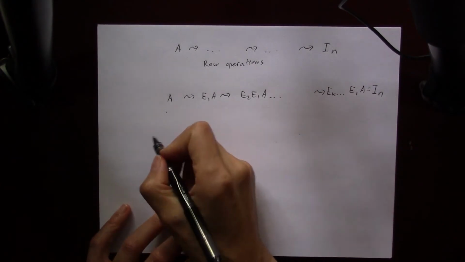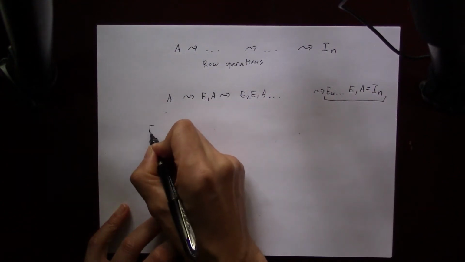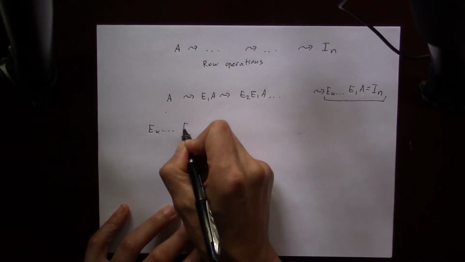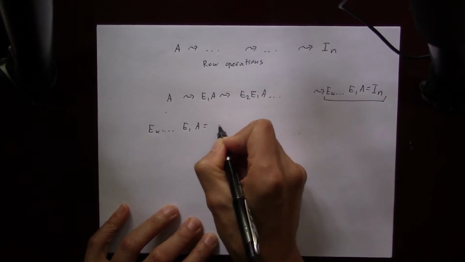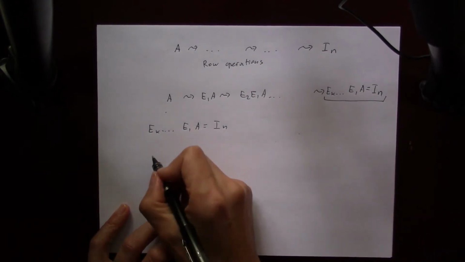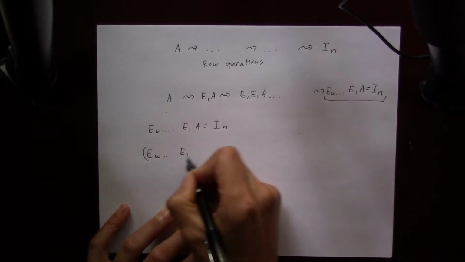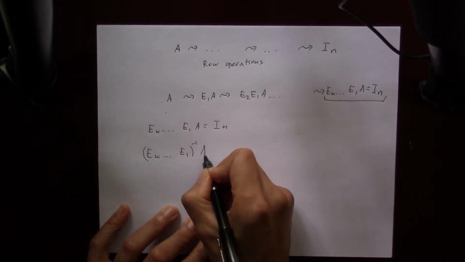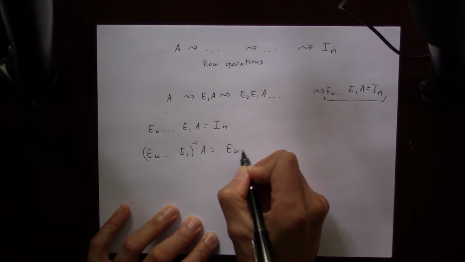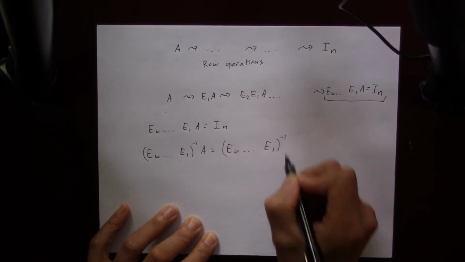So from here, looking at the last identity written here, EK ... E1A equals the identity matrix. So the inverse of EK ... E1 times A equals EK ... E1 inverse.